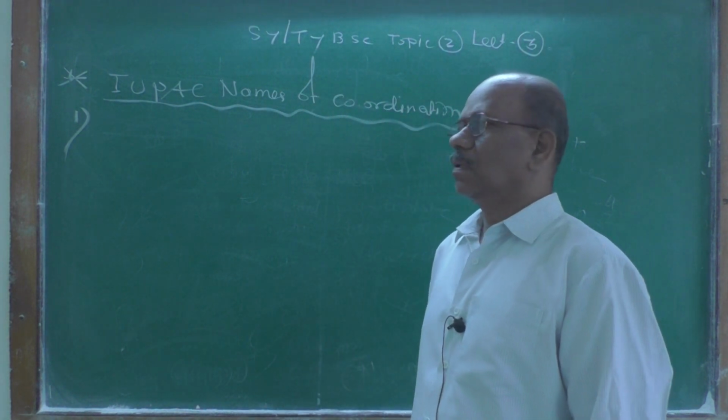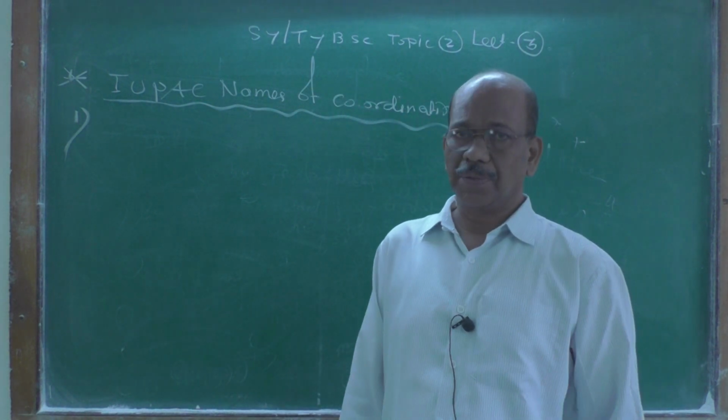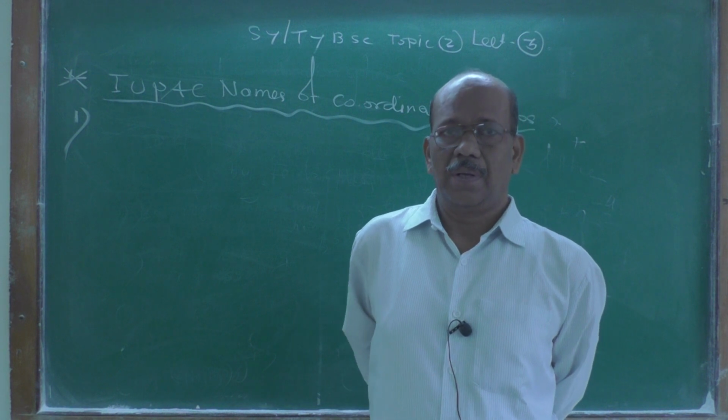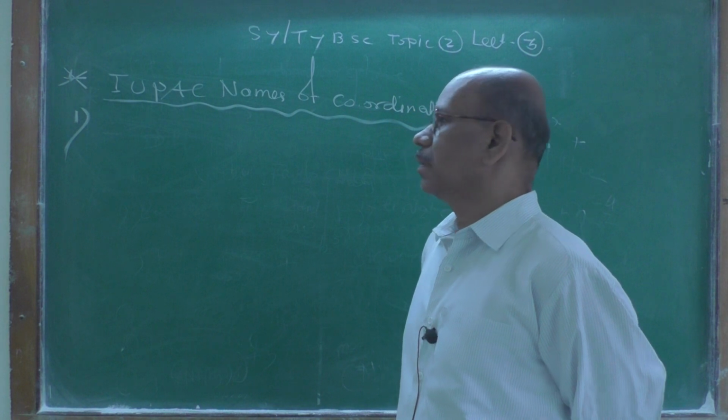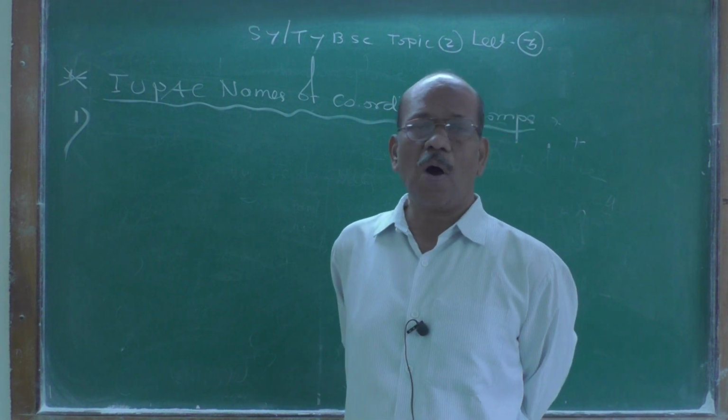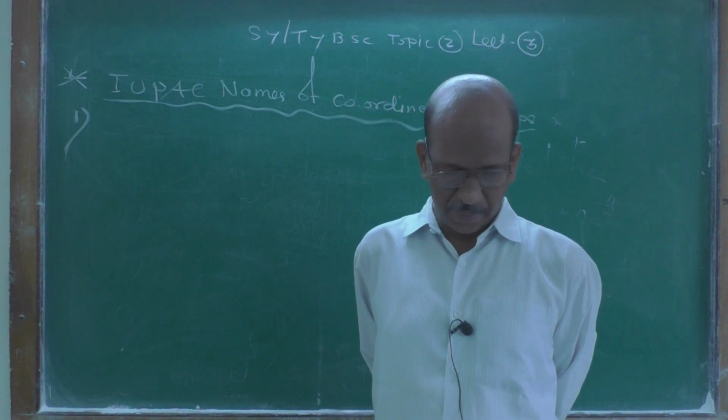So there are 11 rules. With the help of that, we can give the correct name for any coordination compound.